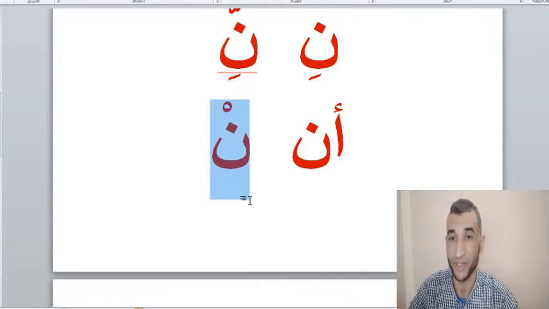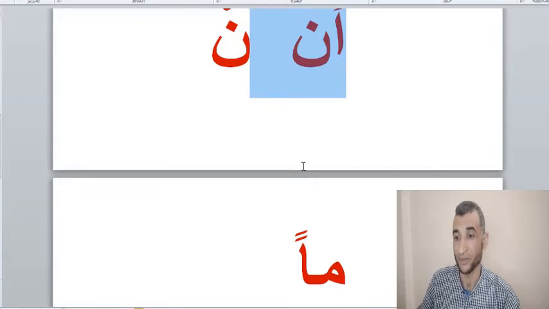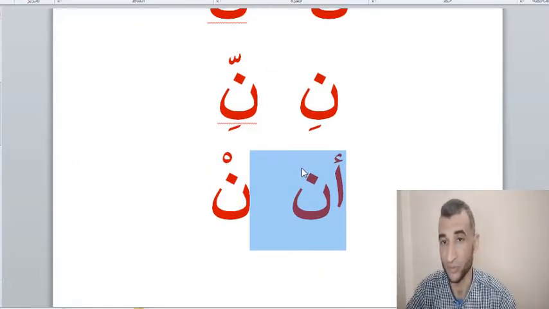So we will explain the rules of noon sakina and tanween. We will apply the rule on this letter or this shape. We have talked about the consonant noon.